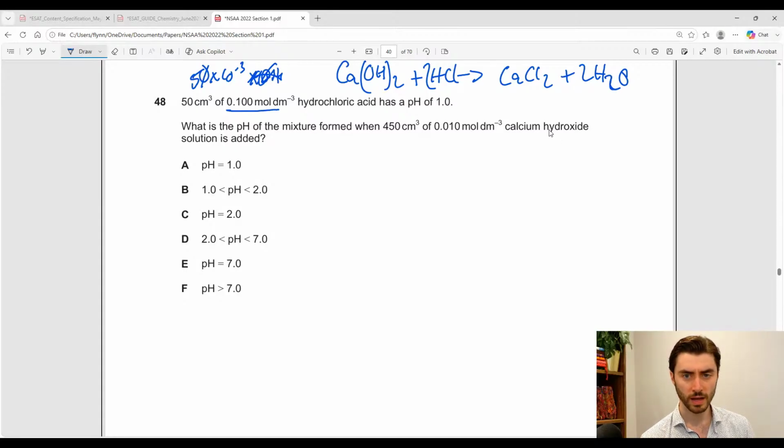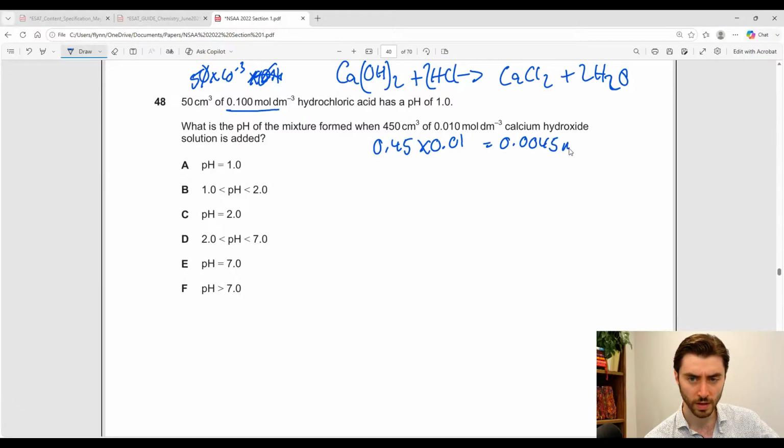So if we have 0.45 decimeters cubed times 0.01, 0.0045 moles of calcium hydroxide. So therefore, 0.009 mole of H plus is being taken out.